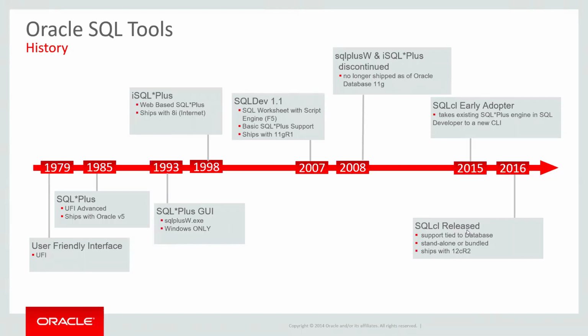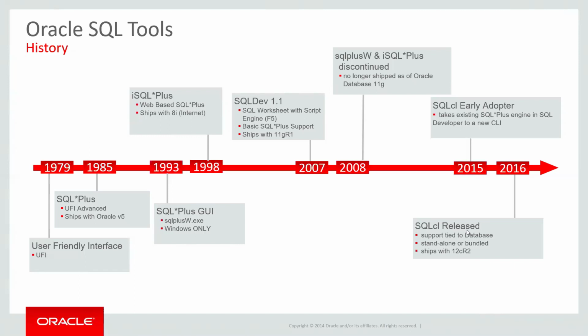And then version 1.1 had the worksheet where you type your interactive queries and scripts, and that's when we put in our first version of a SQL+ style script engine. So we started supporting some SQL+ commands back in 2007. It was about a year after that, Oracle stopped shipping both iSQL+ and the Windows GUI with 11g.